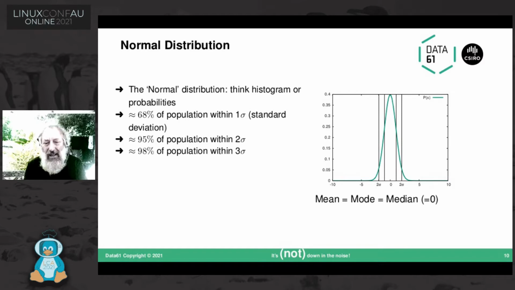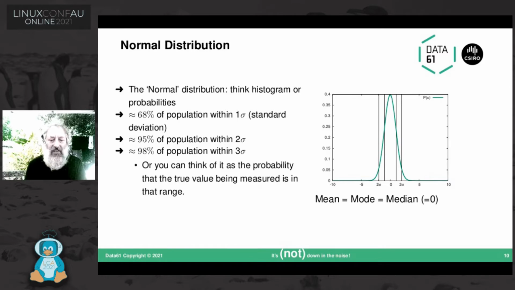You also note that the mean and the mode and the median are all the same for a normal distribution. You can also think of this as the probability that the true value measured is in that range. So it's a 68% chance that the true value you're measuring is within 1 standard deviation of the mean. It's 95% likely that the true value is within 2 standard deviations of the mean, and it's 98% likely that it's within 3 standard deviations of the mean.